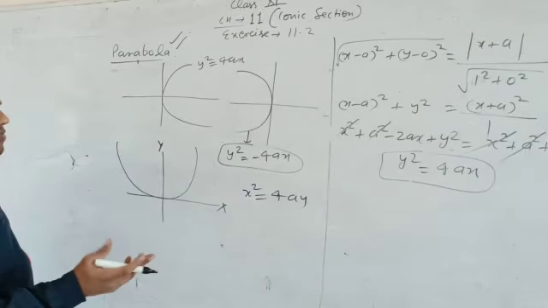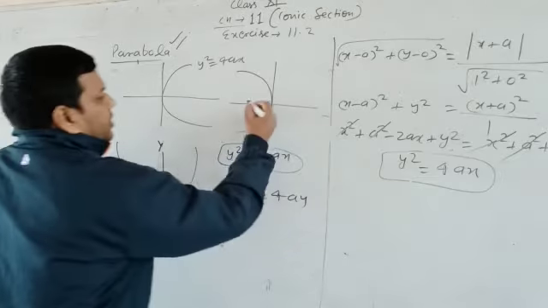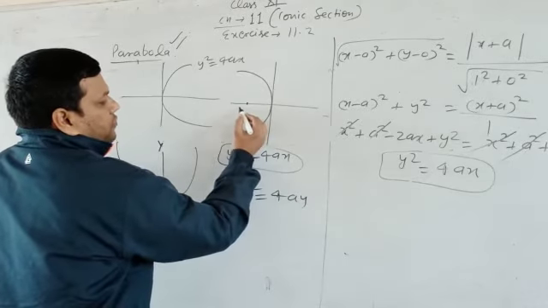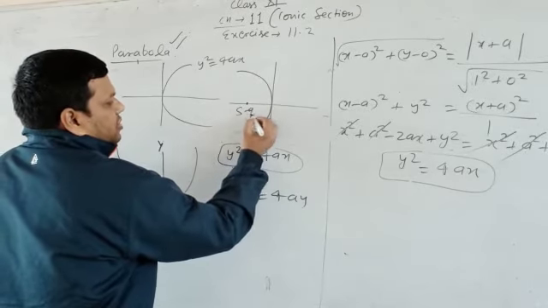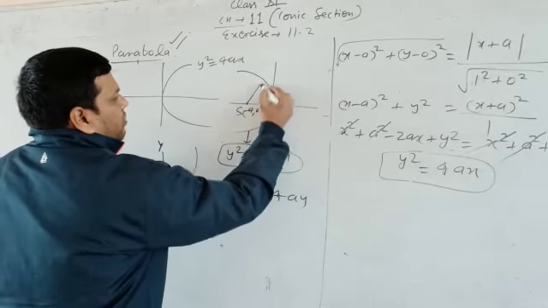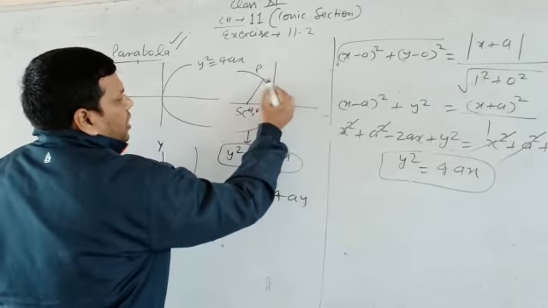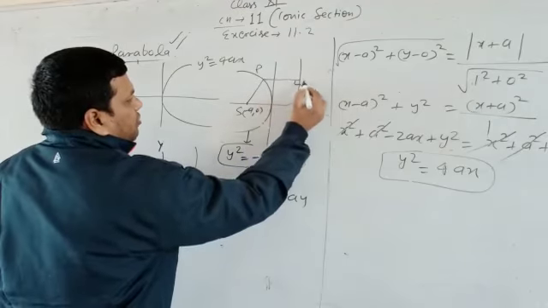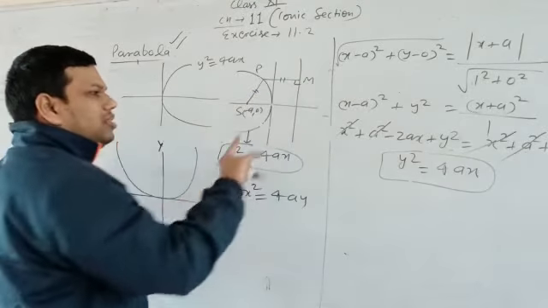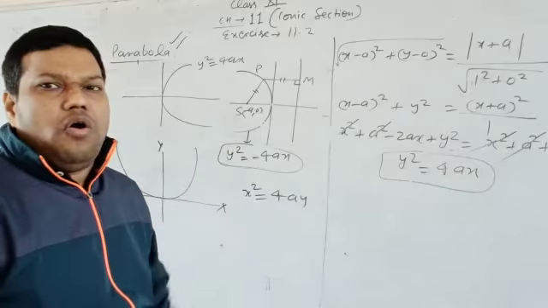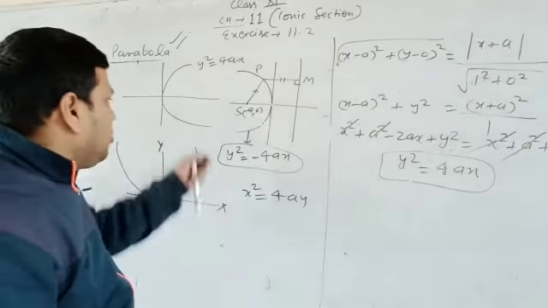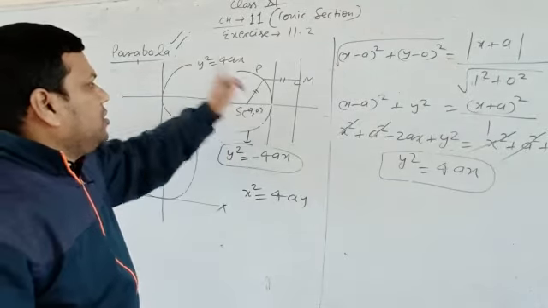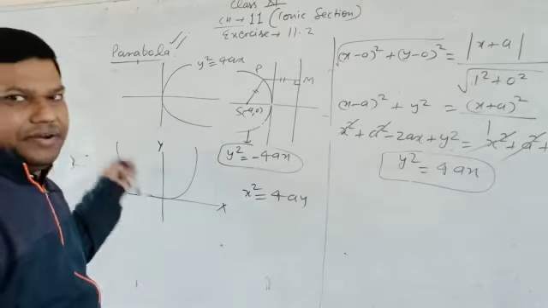So all the conditions will be the same, right? Like here you can say this fixed point, that is S, that will be minus a, 0, and you can have a point there, that is P, and also a line that is perpendicular to that. So all the things are the same, only the positions of this point and this point are changing to the other side, right?